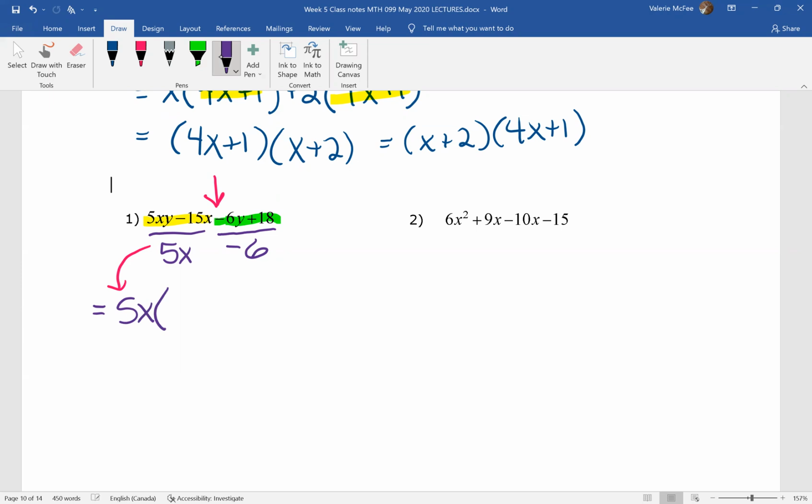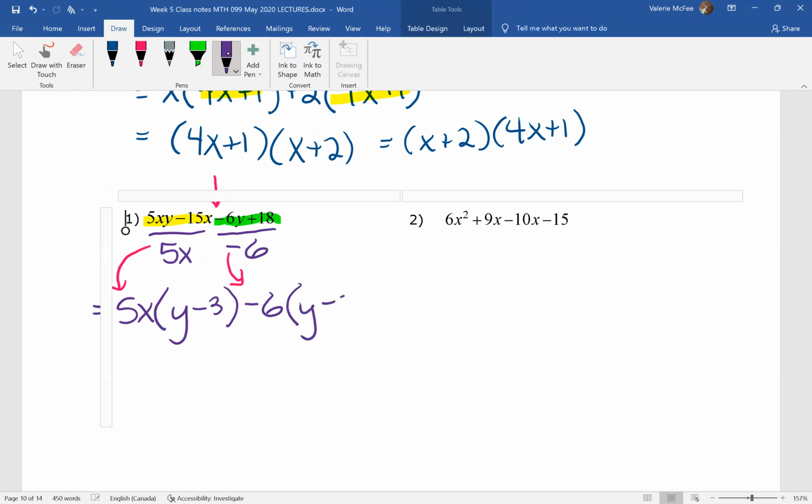Divide each term. 5xy divided by 5x is y. Minus 15x divided by 5x is -3. Write down your greatest common factor, including the sign. -6y divided by -6 is +y. 18 divided by -6 is -3.